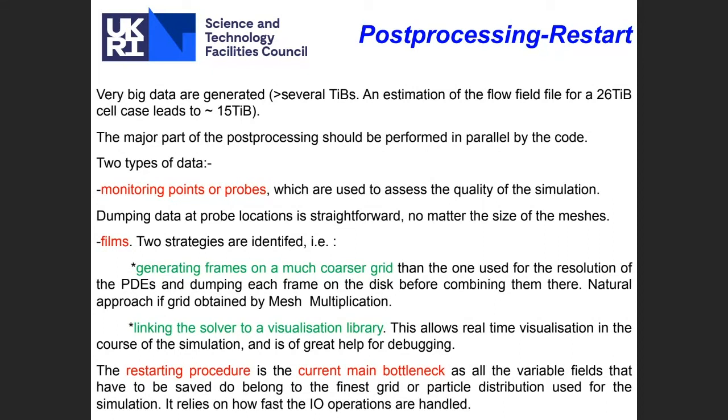So if we want to generate films, there's a solution. Monitoring points and probes are just small ASCII files, so that's very easy to do. The main bottleneck is actually the checkpointing and restarting, and this is not only for Code Saturn, it's for any code.